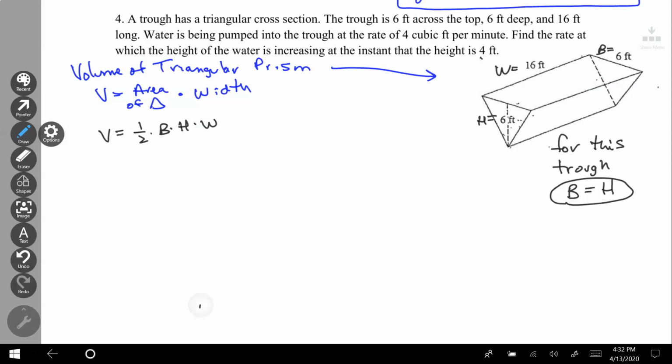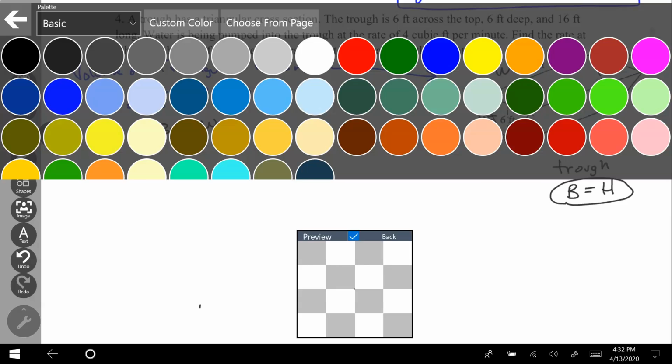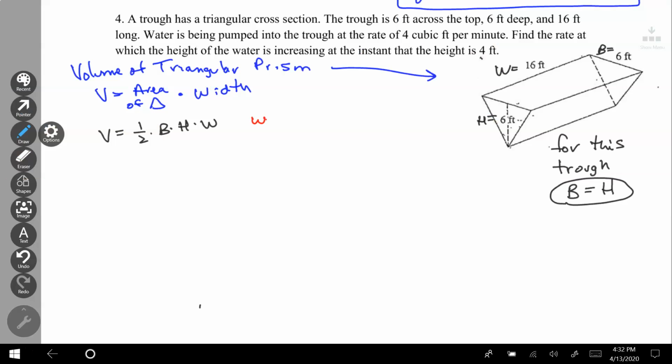But we have a nice little thing here. The width is equal to 16, and it's constant. It's never going to change. So I get volume equals 1/2 times base times height times 16, or I get 8 times base times height. That is the volume of this trough.